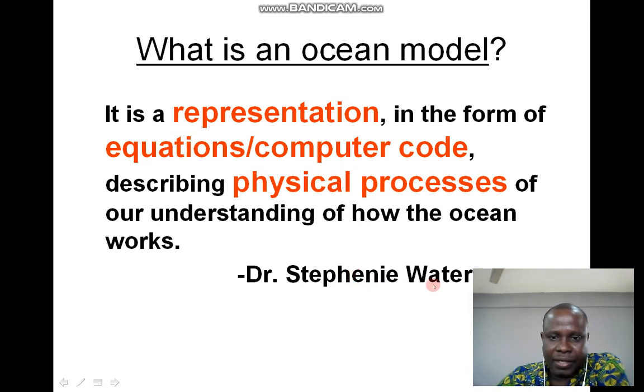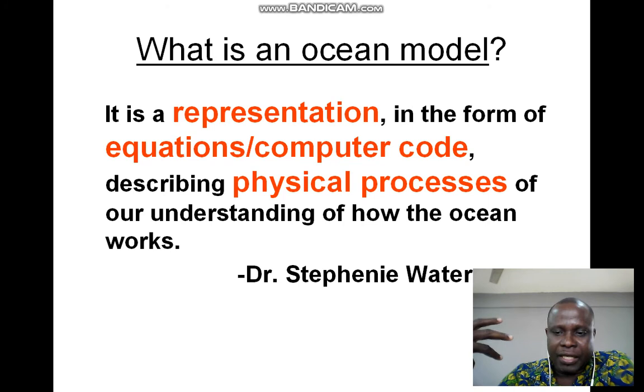So this is Stephanie Waterman. She defines an ocean model as a representation, in the form of equations and computer code, describing physical processes of our understanding of how the ocean works. So basically it is a representation because it's not the real thing. And we are representing it in the best possible way that we understand how things work in the ocean.